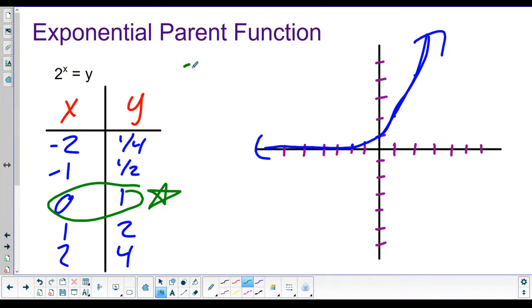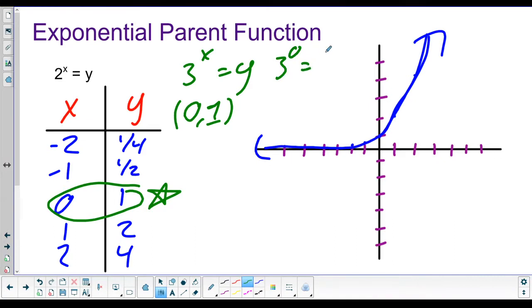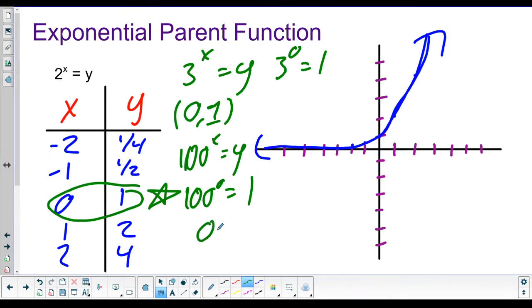If this were maybe 3 to the power of x equals y, 0, 1 is still an ordered pair for this graph, because 3 to the power of 0 still equals 1. If this were 100 to the x equals y, 100 to the power of 0 still equals 1. So 0, 1 is still an ordered pair even if the base is 100.